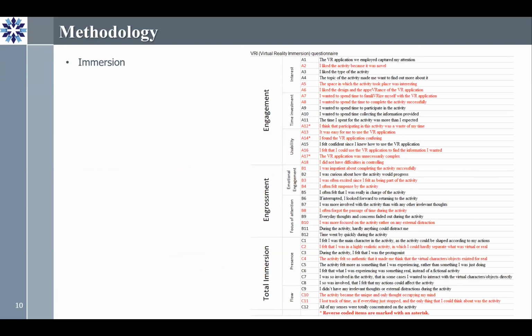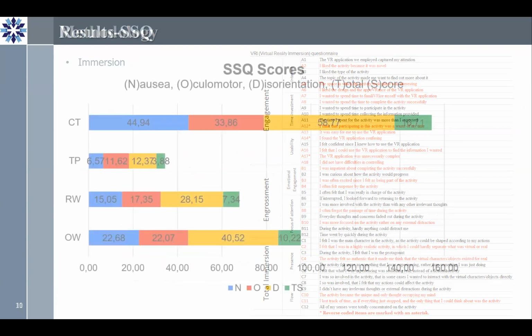The Virtual Reality Immersion Questionnaire, which consists of 3 main sections, was used to analyze the engagement, engrossment, and immersion levels of locomotion techniques.